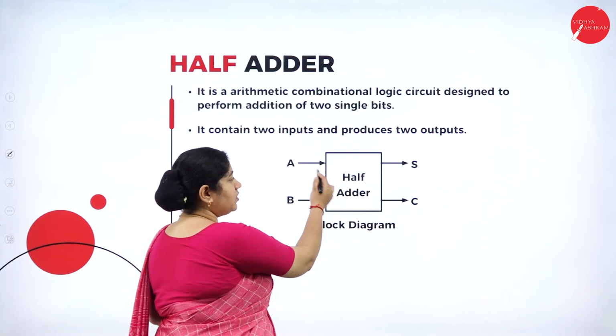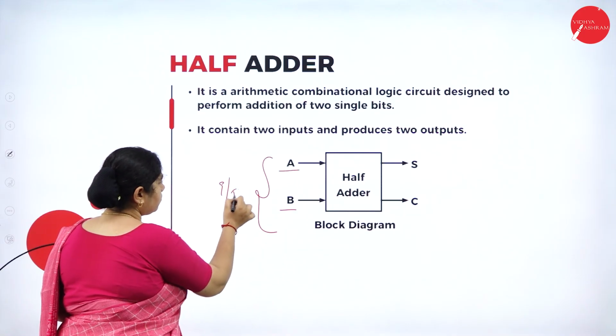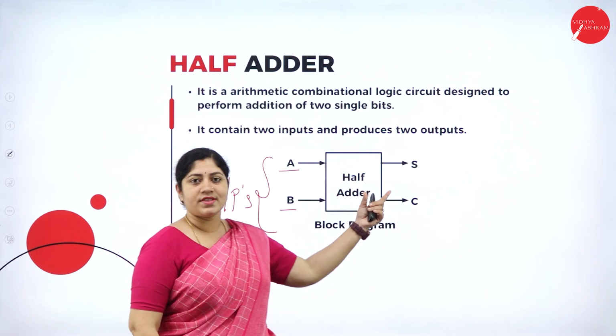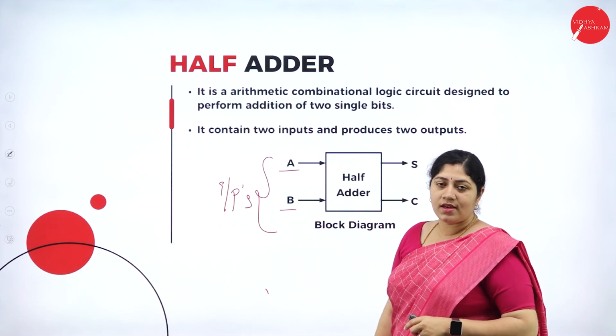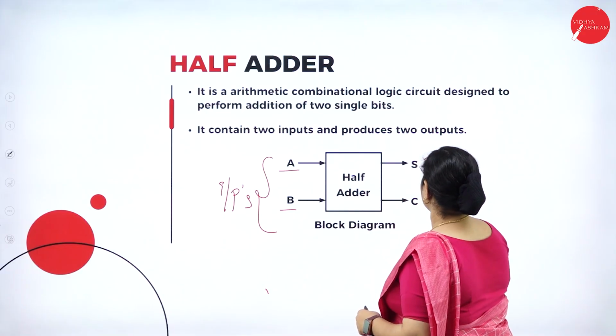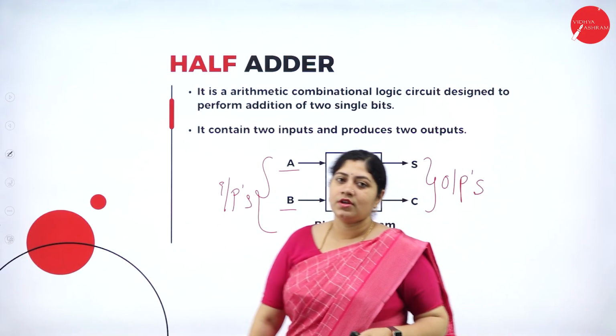Over here A and B are the 2 inputs, and S and C are nothing but the sum as well as the carry, which are the 2 outputs.